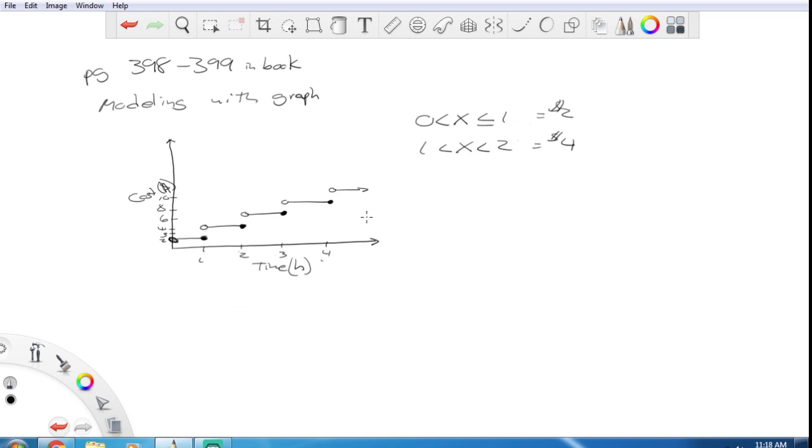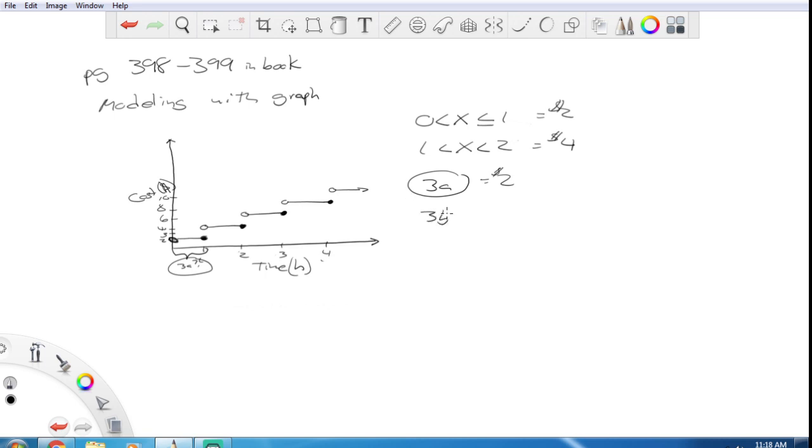It's a little better. So for 3A, it asks, how much does it cost to park for less than an hour? So looking at your graph, if you're going to park in this section here, how much does it cost? And that's $2. Right? So on your answer sheet, you can put $2 down.